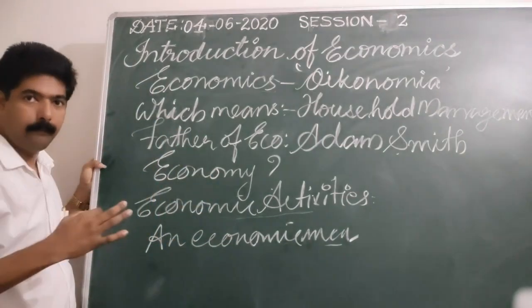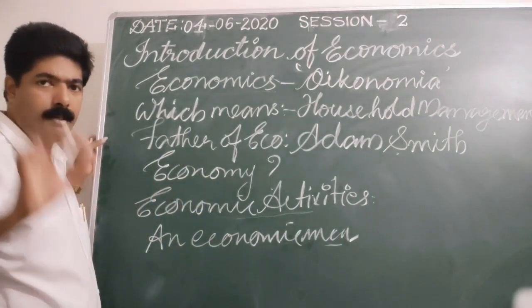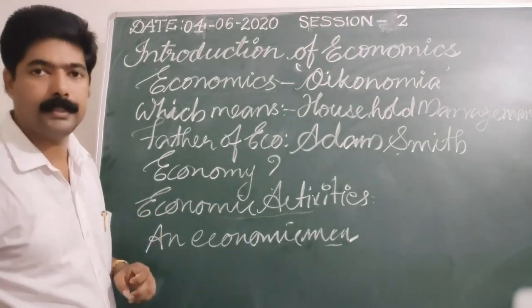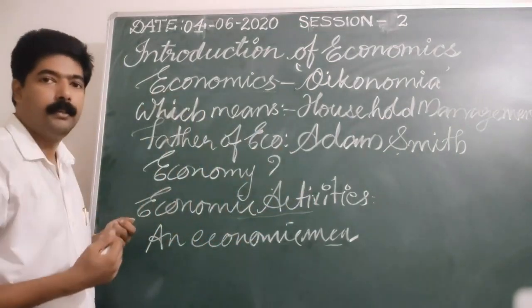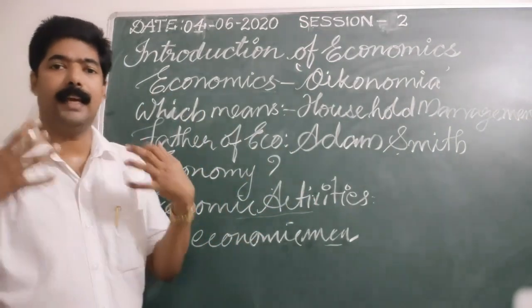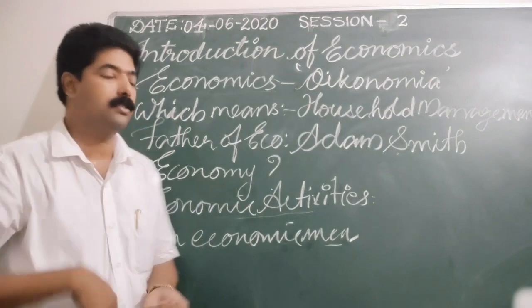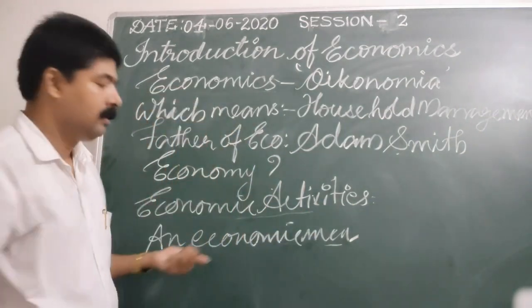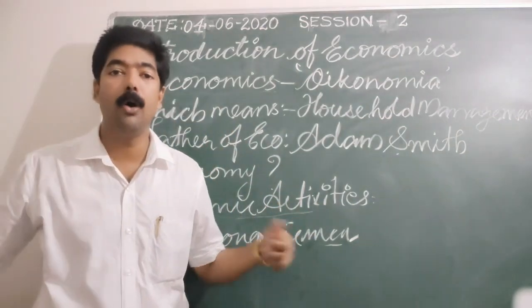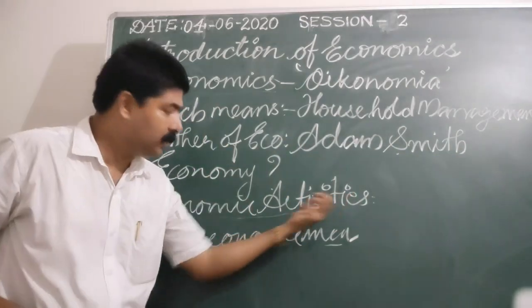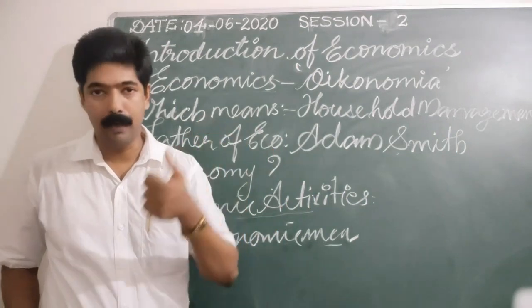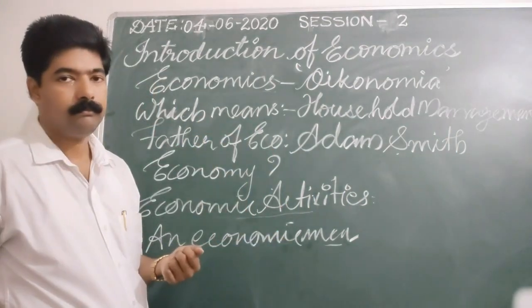It's a system in which production, consumption, and exchange of goods and services take place. What are economic activities? The activities, the works that help us earn something. Who is an economic man? We all are economic people, one who does all these activities that help us earn money.